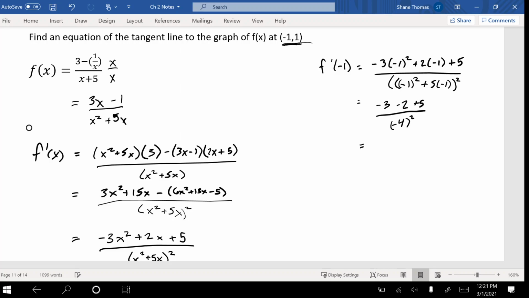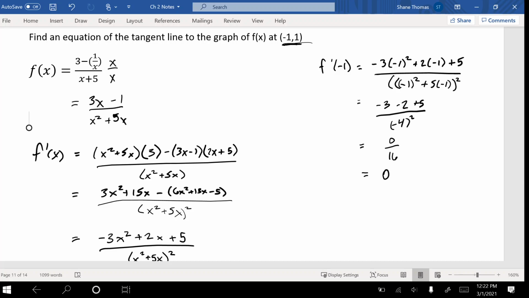So then on top, I'm going to have negative 3 and negative 2. It's negative 5 plus 5 is 0 over positive 16. So what's my slope there? 0, isn't it? Okay, my slope's going to be 0.